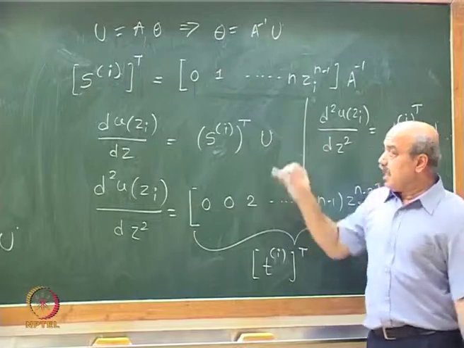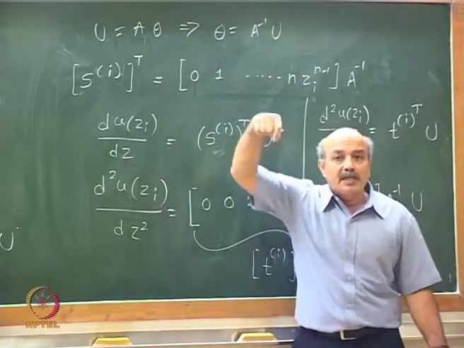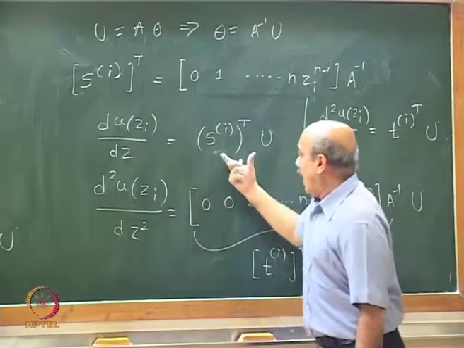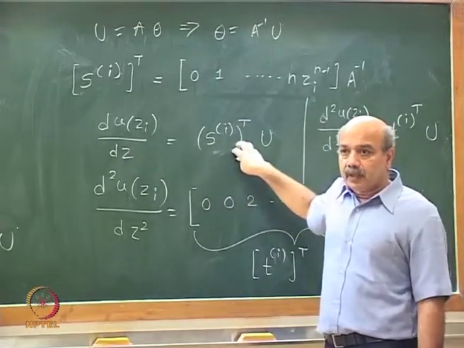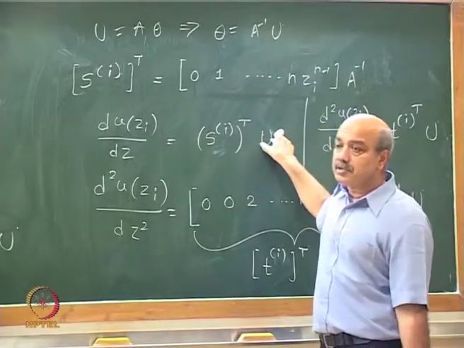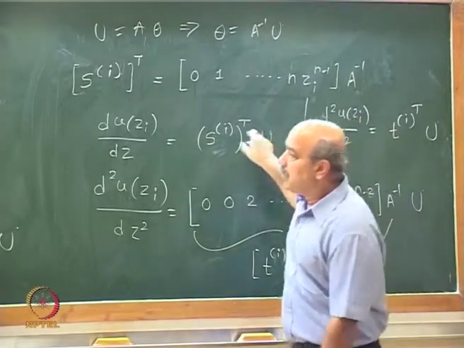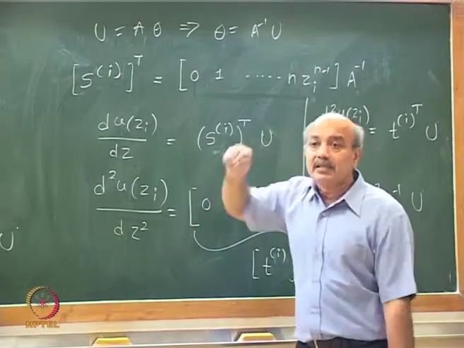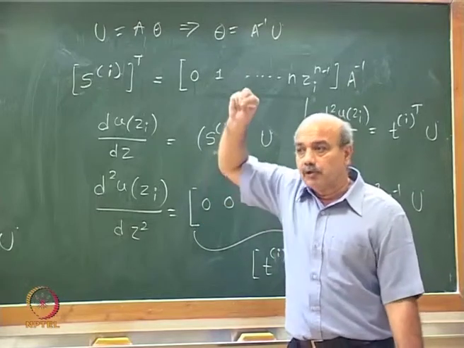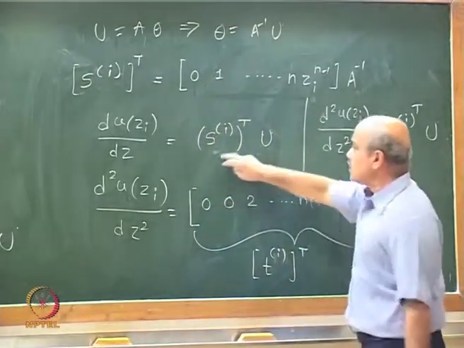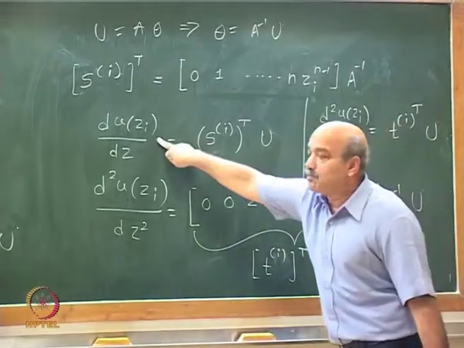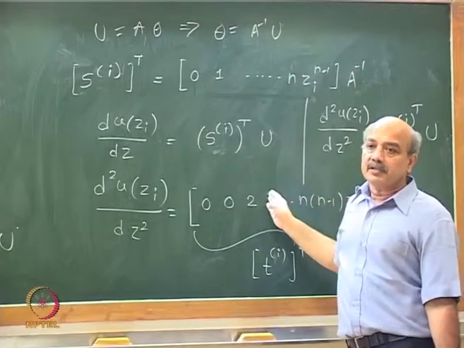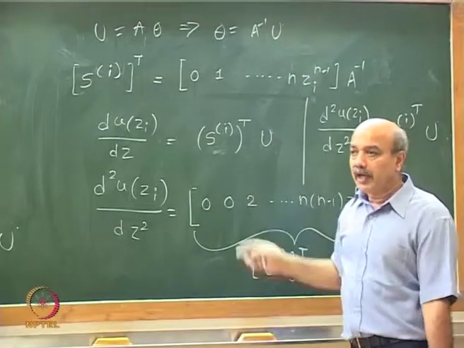I have expressed the derivative at a particular point, z equal to zi, as a vector times unknowns. The unknowns are the values the dependent variable takes at the collocation points u1, u2, u3, u4. So the derivative at this point is some linear combination of this vector.